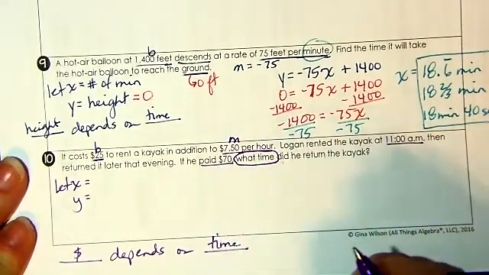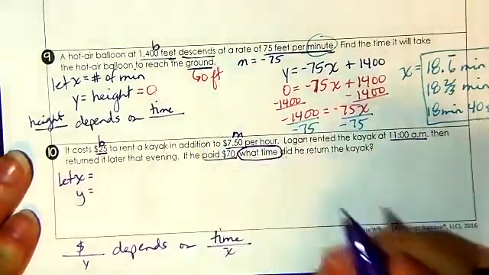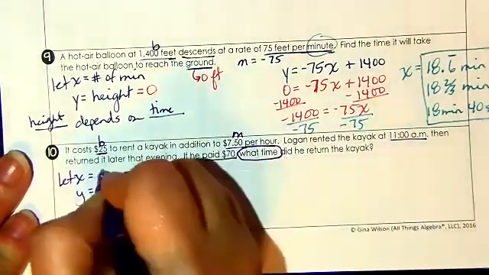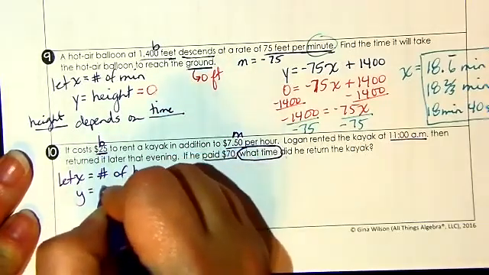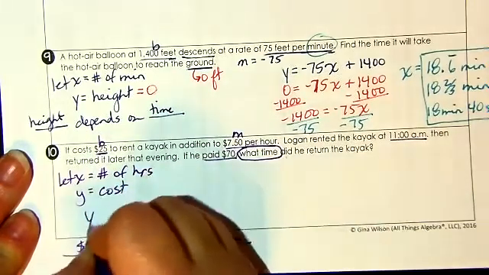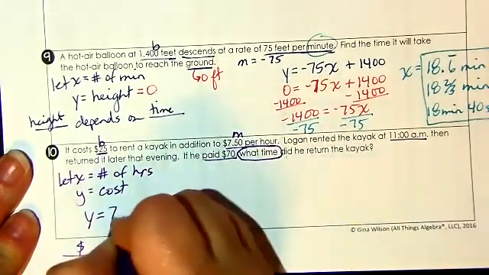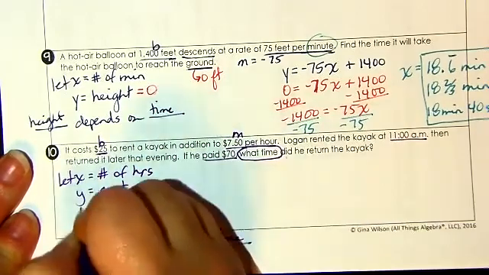So therefore x is going to be number of hours. Y is the cost. So my equation is going to be y equals 7.5x plus 25.